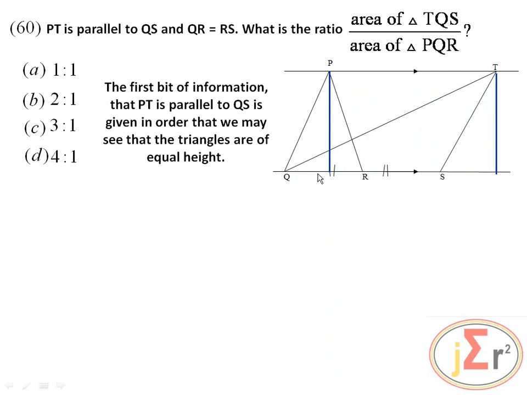If two lines are parallel, then the perpendicular distance between the two lines, anywhere on the lines that you consider, will be the same. And perpendicular is noteworthy because the height of the triangle is expected to be perpendicular to the base.